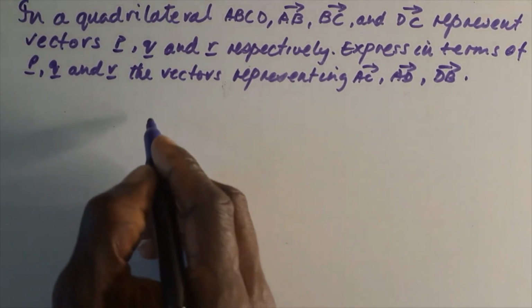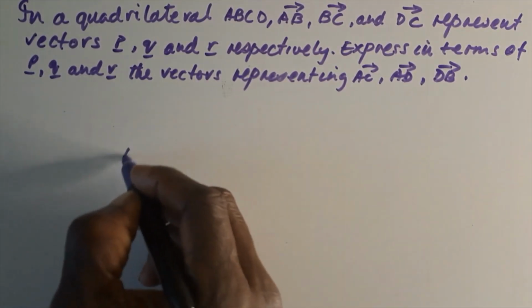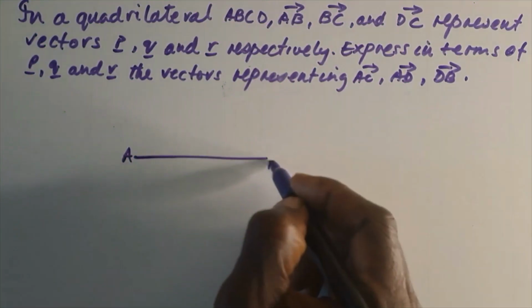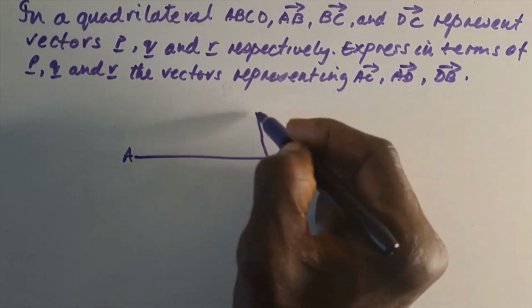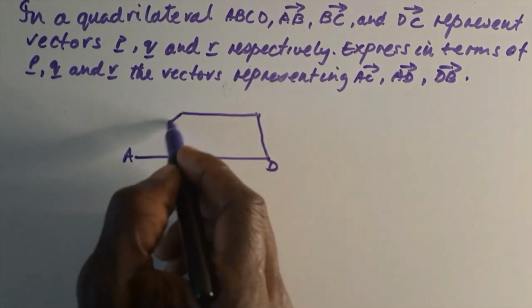Now here is what the diagram looks like. We have A going to D, and that there, this there, that there.